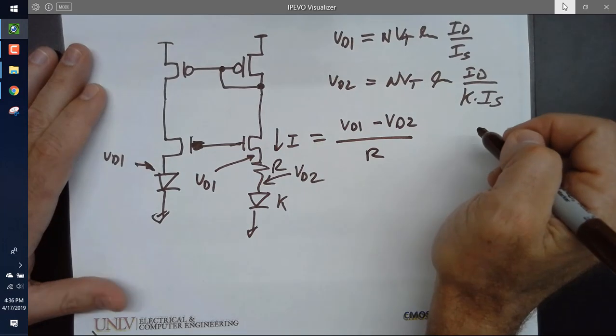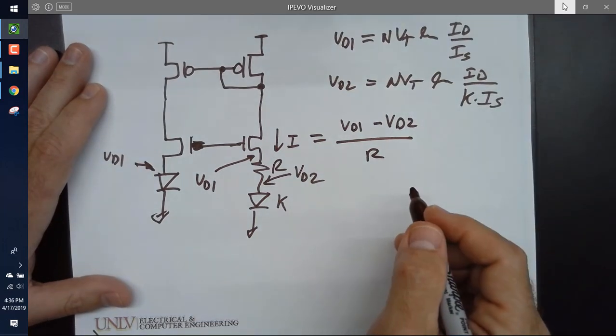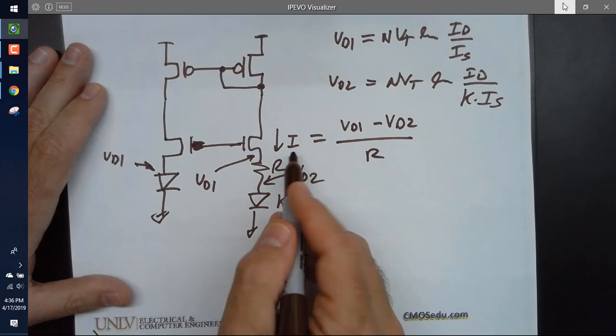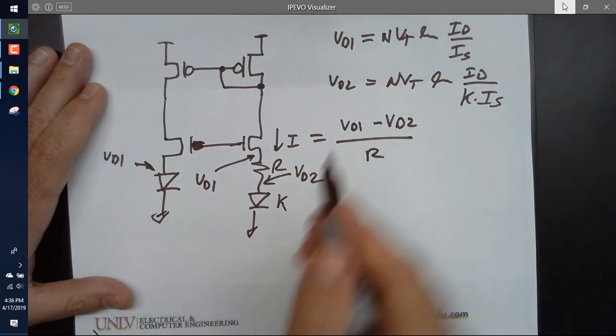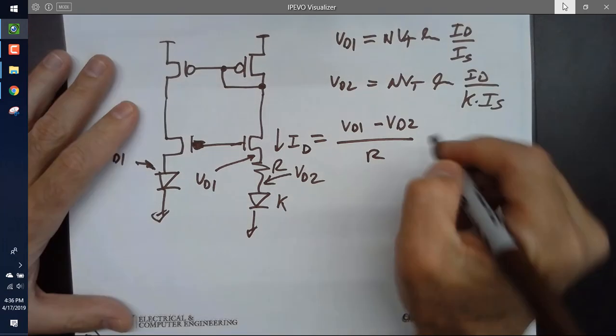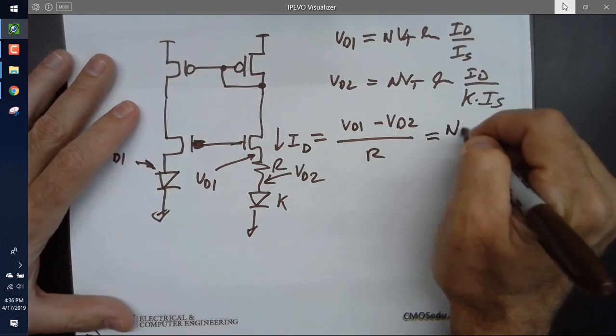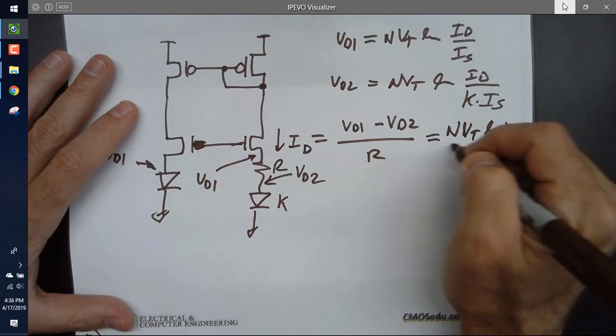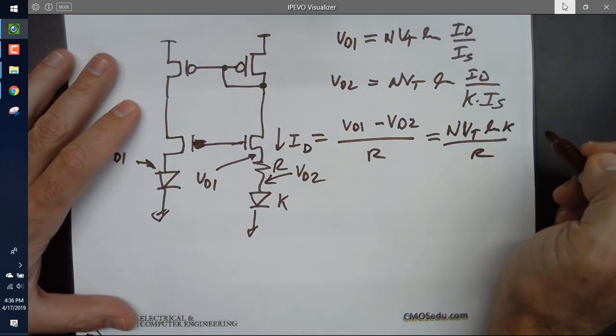That's the current that flows in here. Well, we can do it like that. How's that? Stay consistent. And that's equal to NVT natural log of K over R, right?